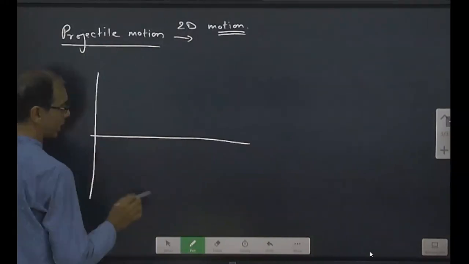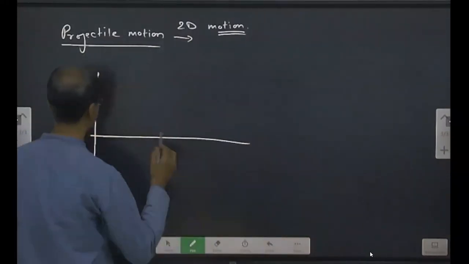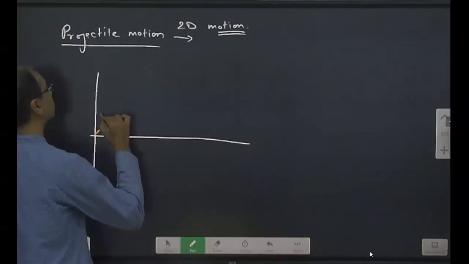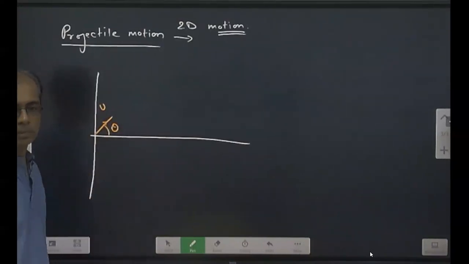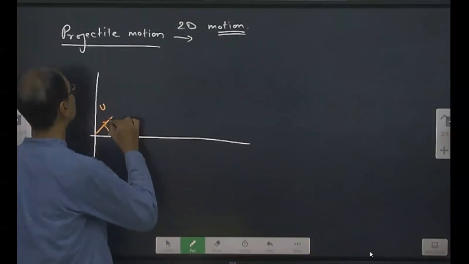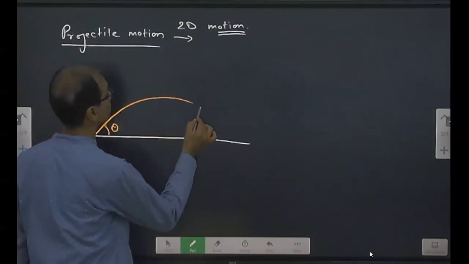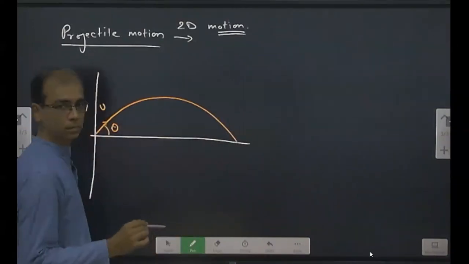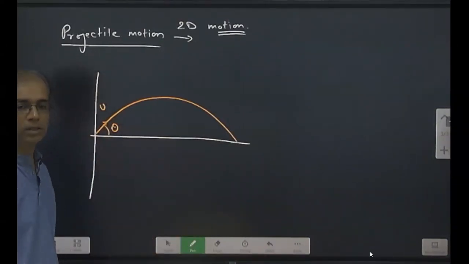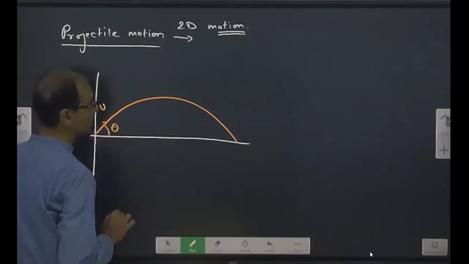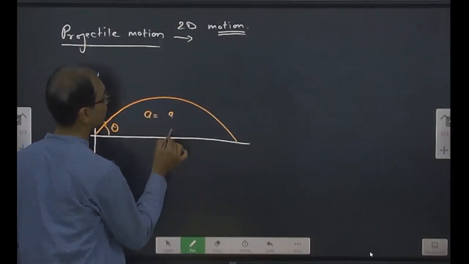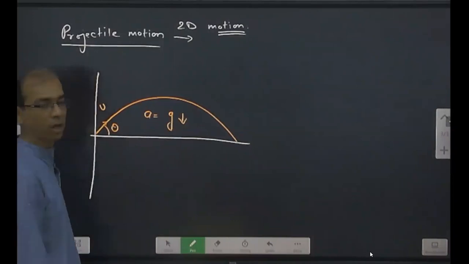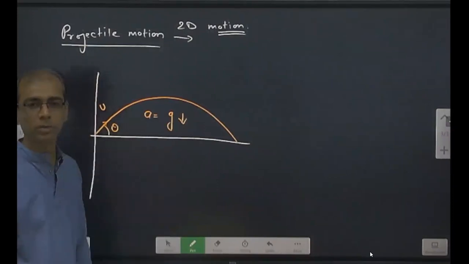If you project a particle by making an angle with speed u, then the path it traverses is a projectile motion. And this projectile motion is under the influence of gravity. That means acceleration due to gravity is acting downwards throughout its motion. Then the motion is projectile.